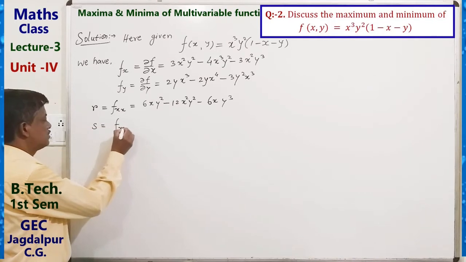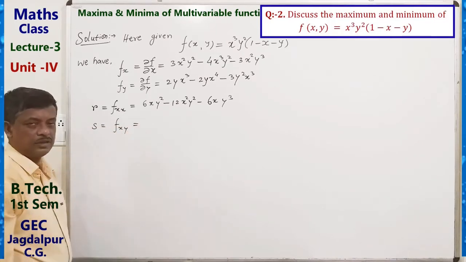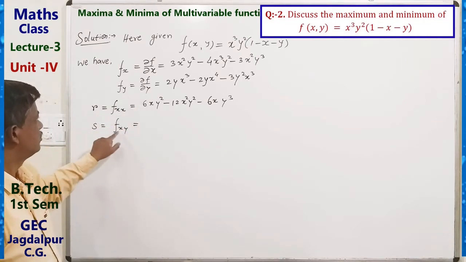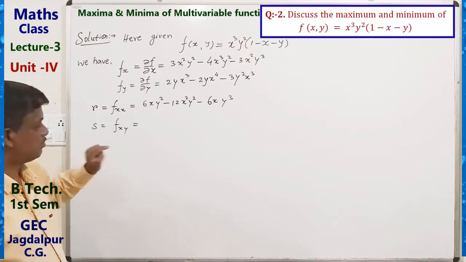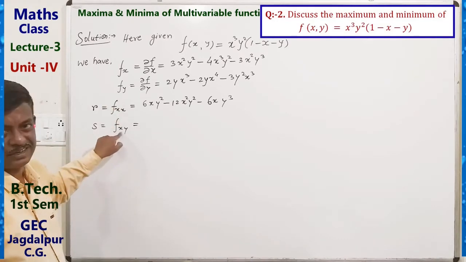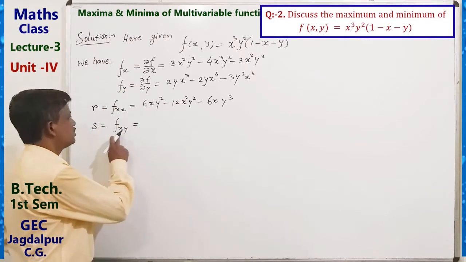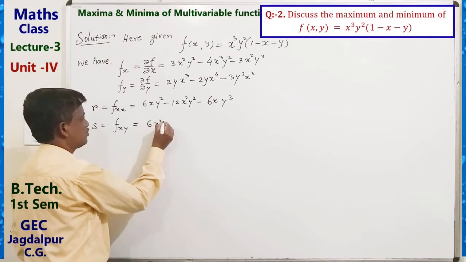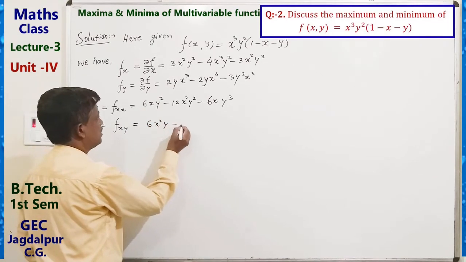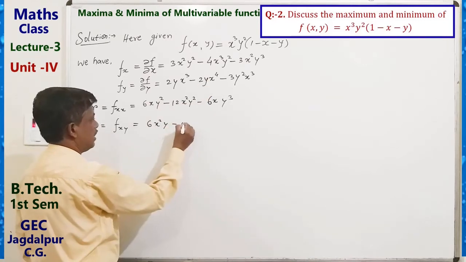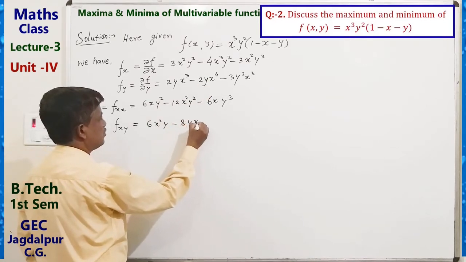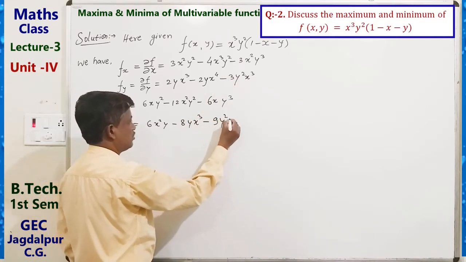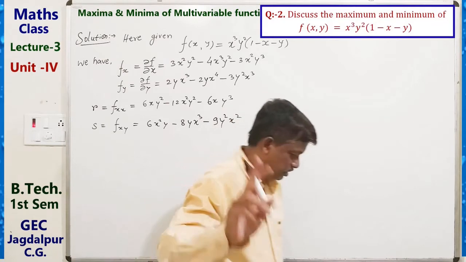Fxy. You can differentiate this with respect to x, first y and then x. So here with respect to x, 6x square y minus 8x cube y minus 9y square x square, minus 8xy.